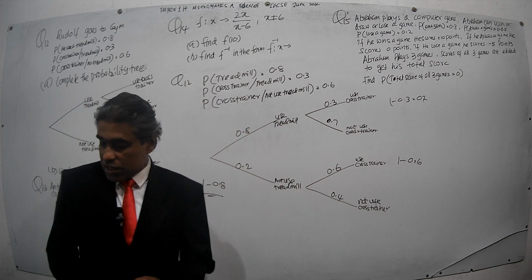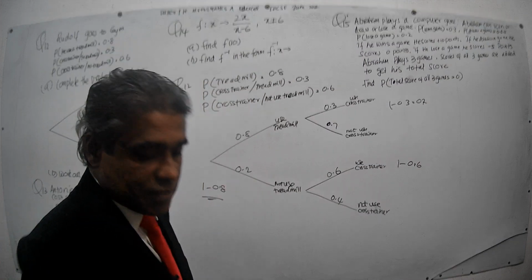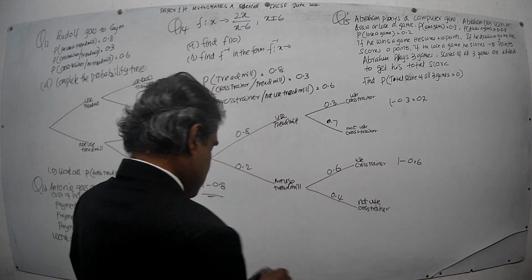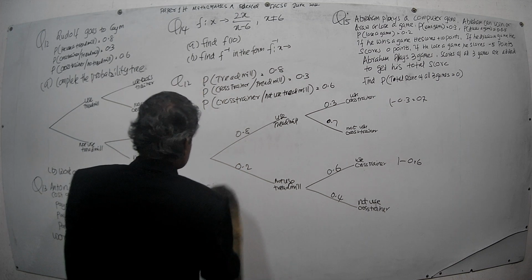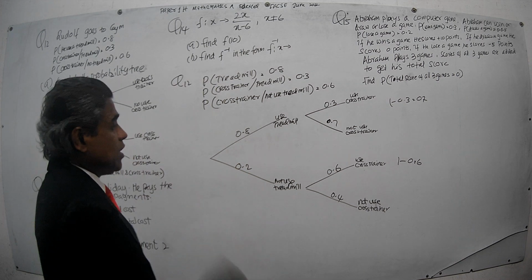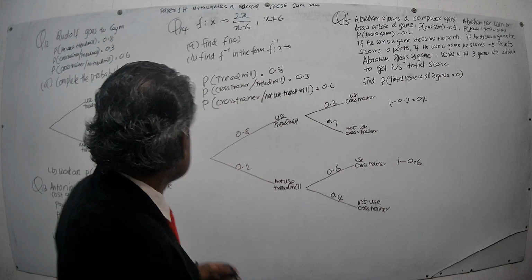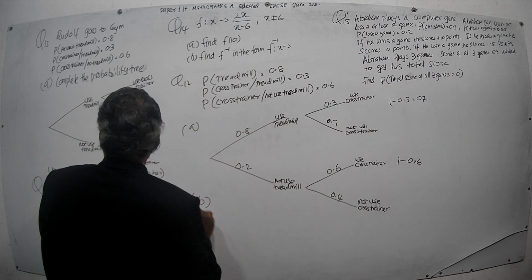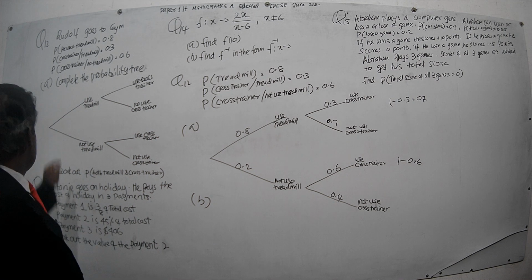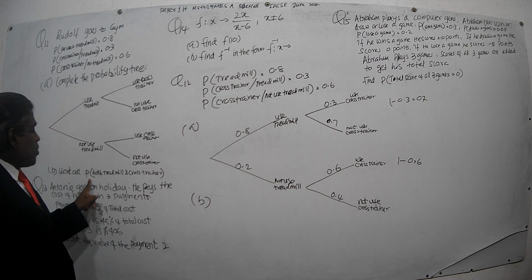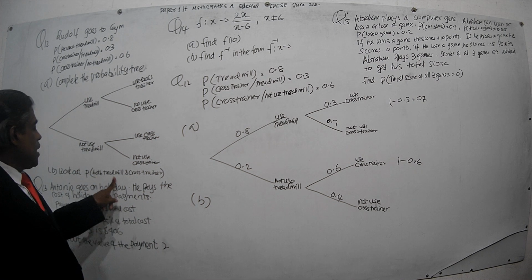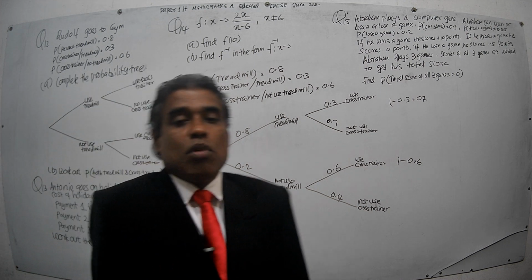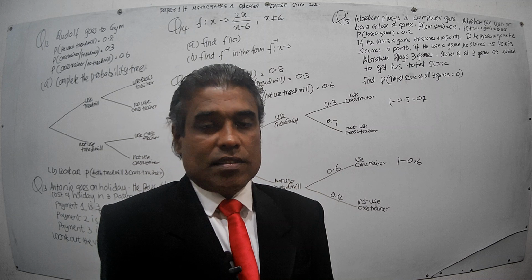Then they asked the question. What is the question they have asked? This is part A. Then part B, they asked, work out the probability that he uses both the treadmill and the cross trainer.